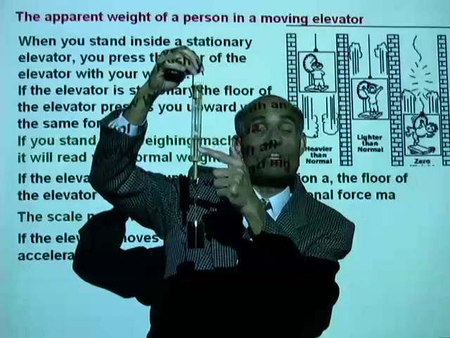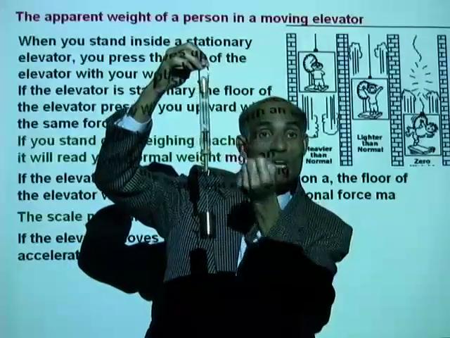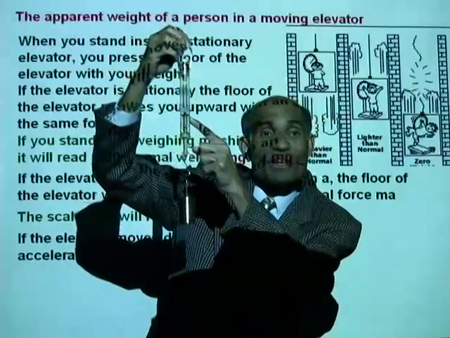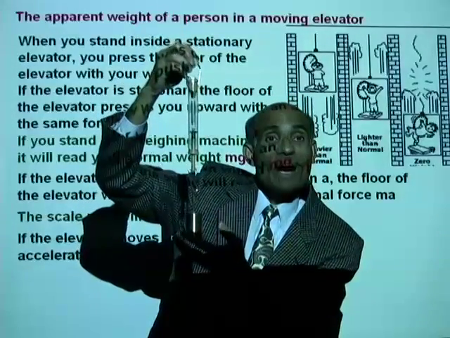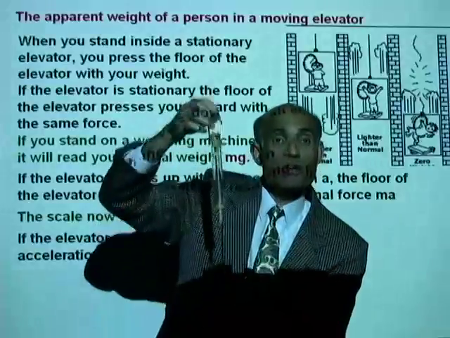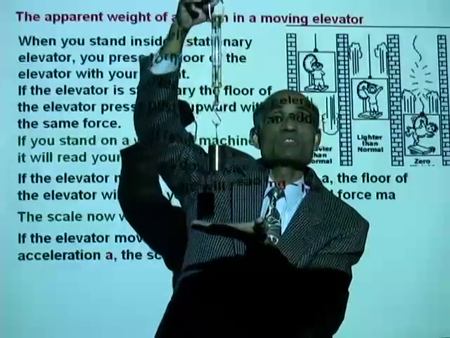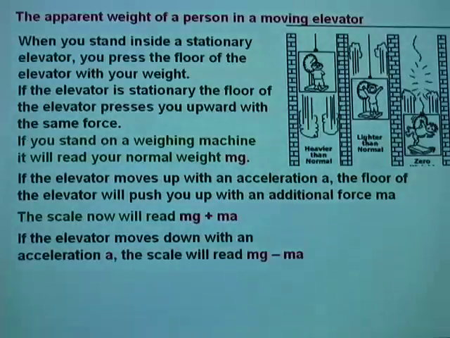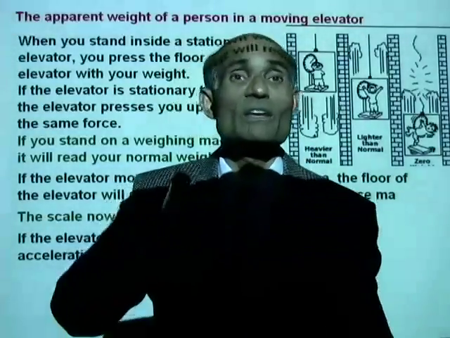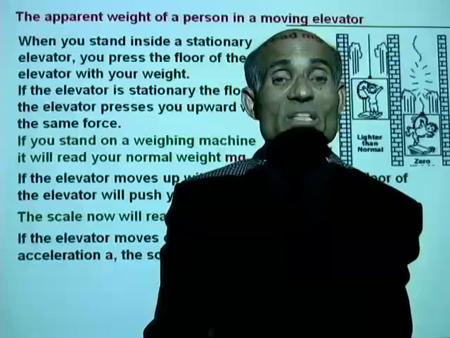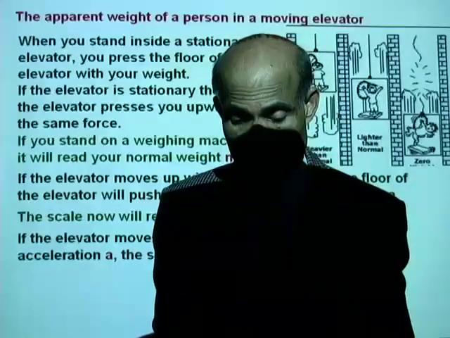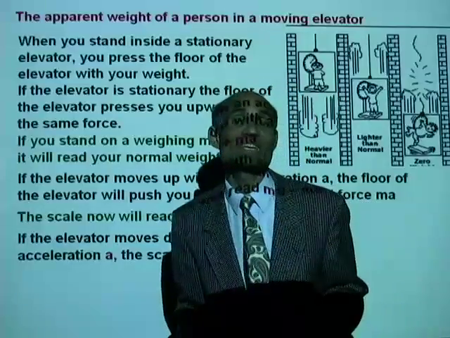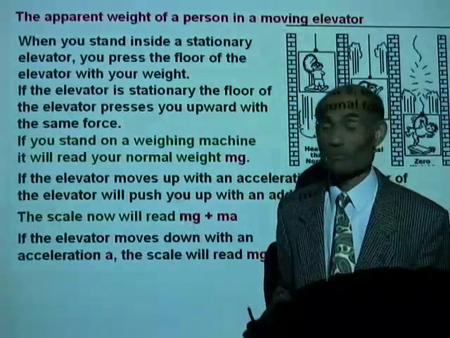As it comes down, it is reading more. You can see the moment I move up, the weight increases. And if I fall, the reading decreases. If I let it go, you can see the reading is 0. While falling freely, this will read 0. So the weight of a freely falling object is 0.